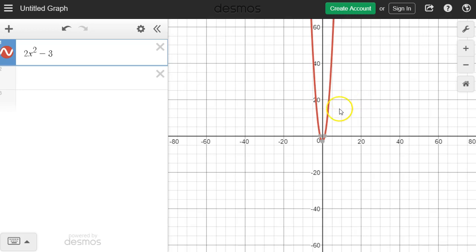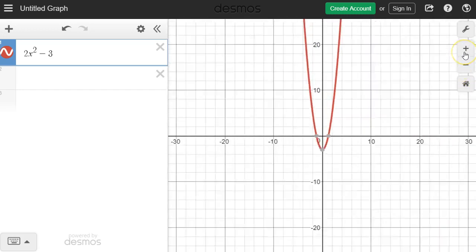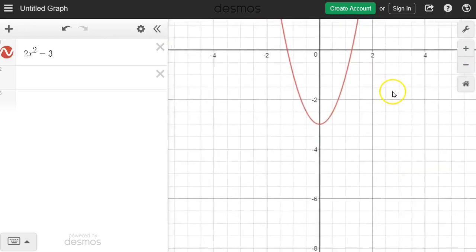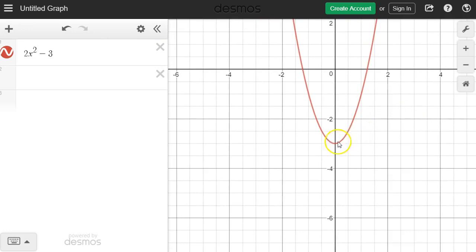But we notice that the range is what values you can get out of the function. If we zoom in here, notice that there's no values. If I move this around, we can see that there's no way I can get a value below -3. There's no output below -3.